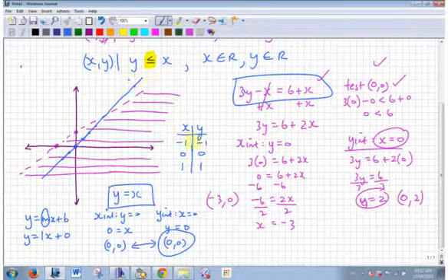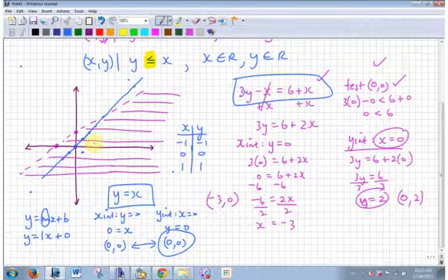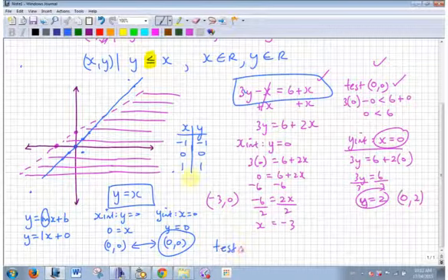I could use this point. I could use this point. I could use that point. How about that guy right there? What's the coordinates of that point? 1, -1. Okay? So y is less than or equal to x.